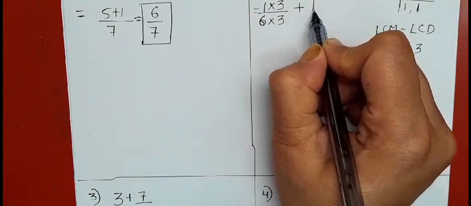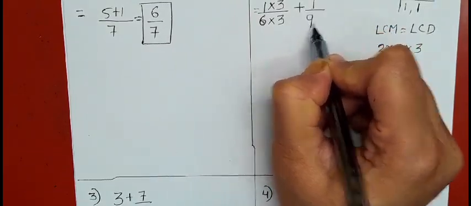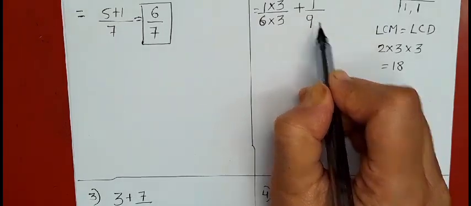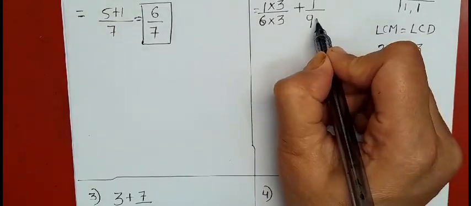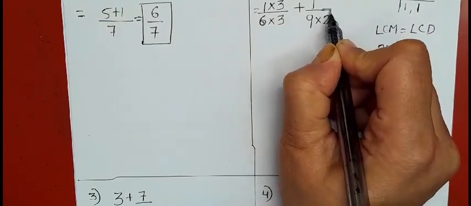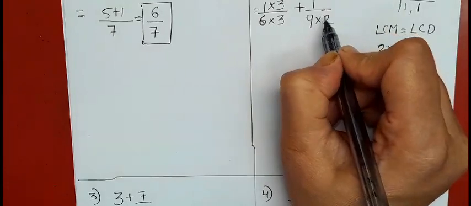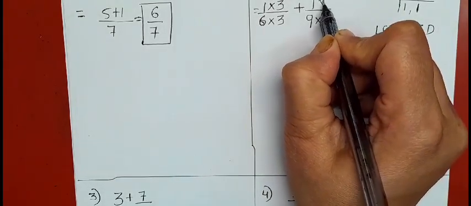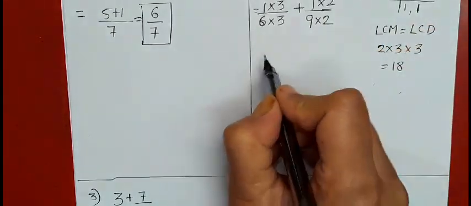Plus, now here 1 over 9. How to make this denominator 18? By multiplying by 2. 9 multiplied by 2, we get 18. Now we have to multiply the numerator by the same number, so multiply by 2.